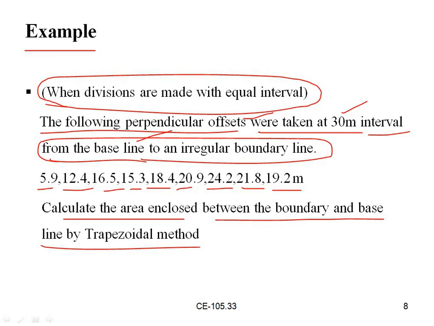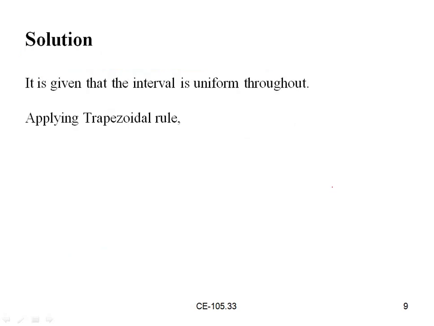So here, if they are not in common intervals, we have to make them common. But here it is given that the interval is uniform throughout. That means throughout the length the intervals are common.